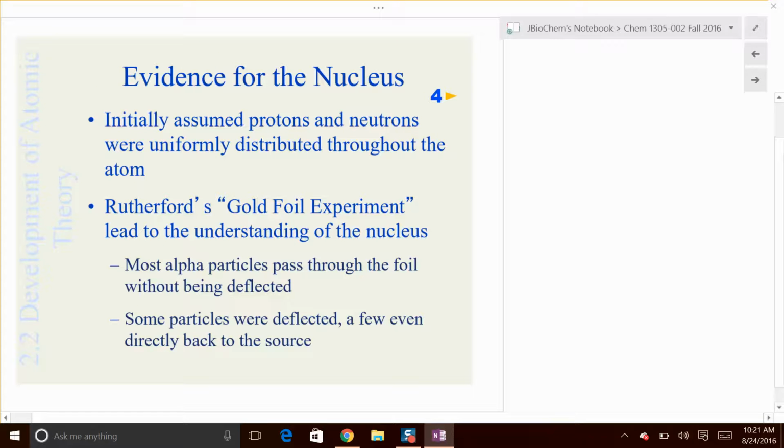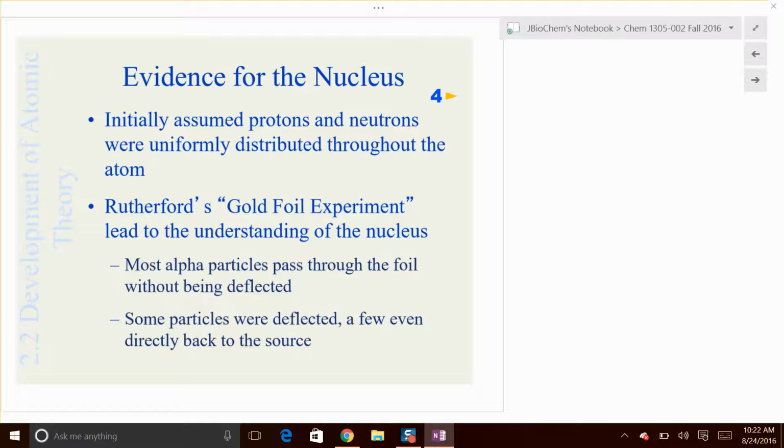Now this is the famous gold foil experiment that really helped us understand how the atom is built. Because before this, we just had this idea that there were electrons and protons and neutrons, and they were all floating around in the space of an atom, just going all over the place.